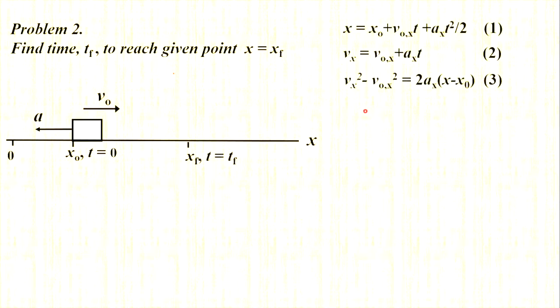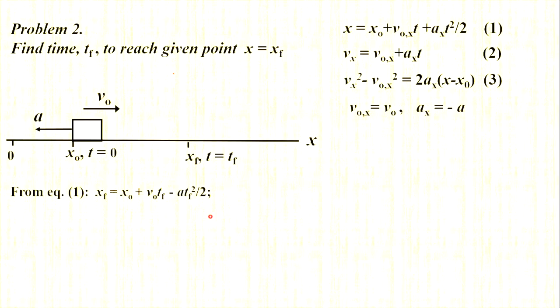kinematic equations, and first we will look at the first equation, and we know everything in this equation but t, x in our case is equal to xf. So this equation has this form.